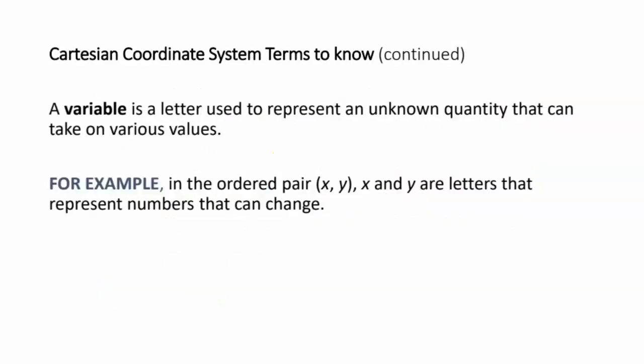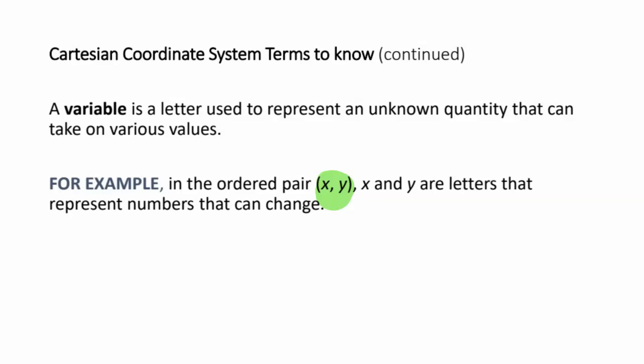Now, sometimes we need to understand that an ordered pair is written as x, y. X comes first, y comes second. Now, sometimes they're going to ask you, tell me the x, and I've given you the y. Well, we're going to be working on that.